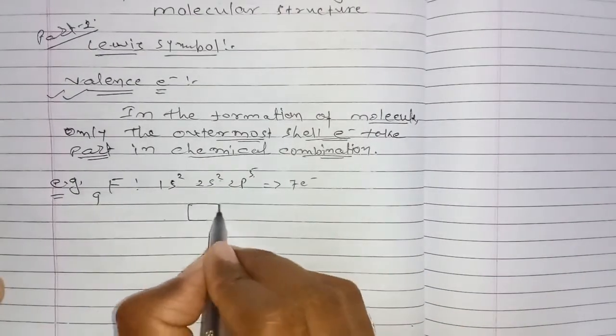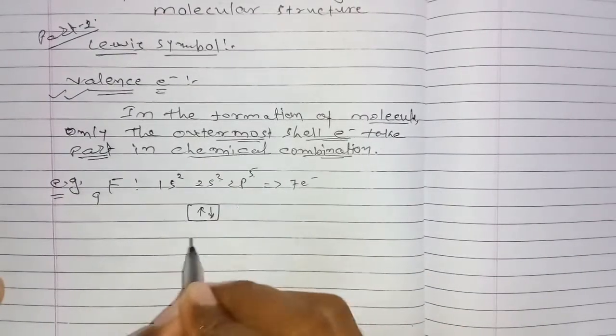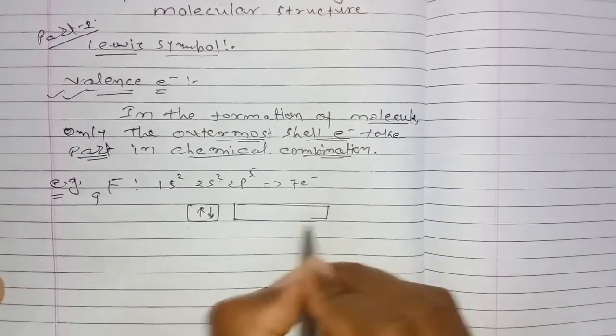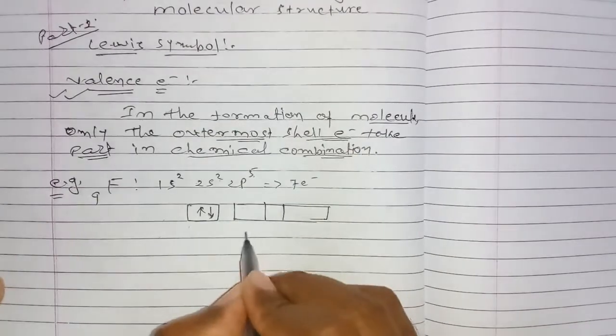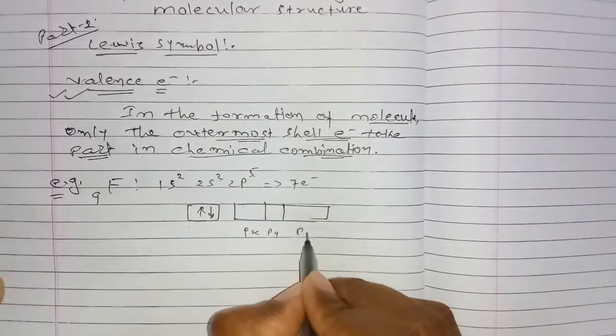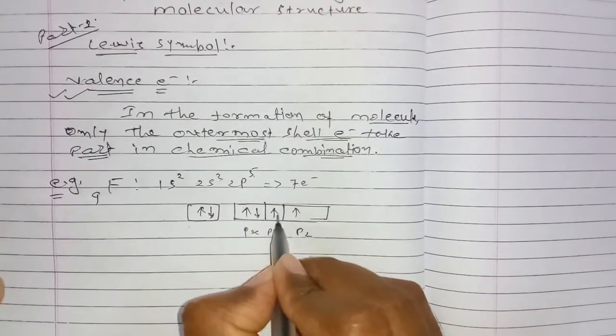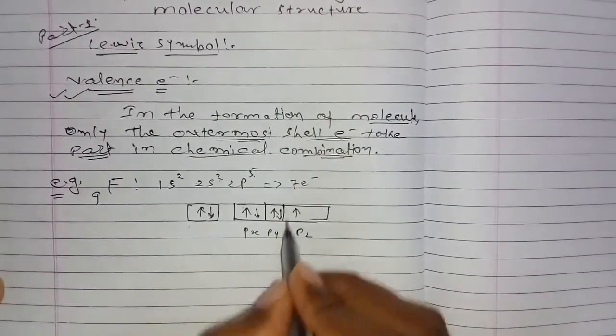In the 2s orbital there is a paired electron. In the 2p orbitals px, py and pz there are 5 electrons.